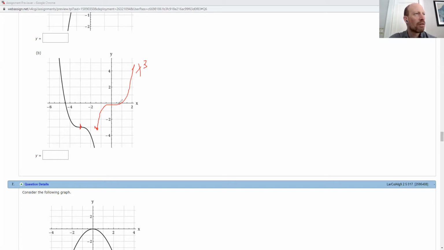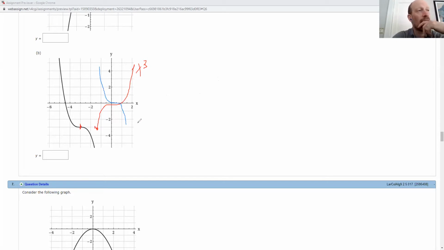So I can see that it's been reflected or flipped, and there's actually a couple different ways of doing that. The way I see it is that it was flipped horizontally, so it looked like this.